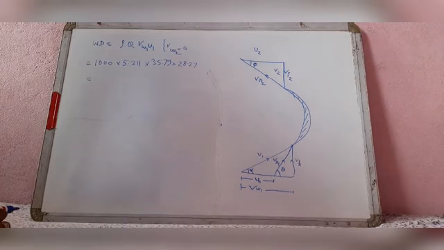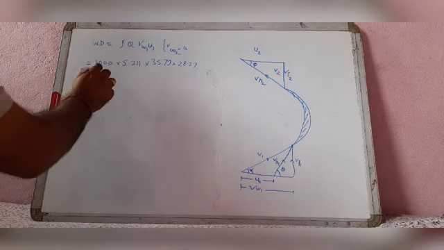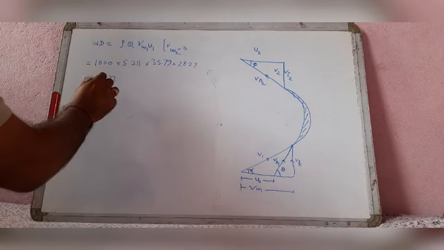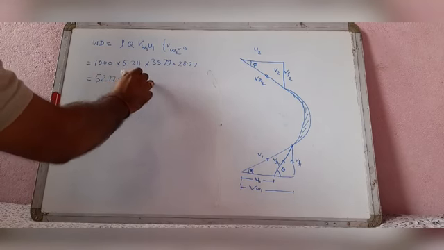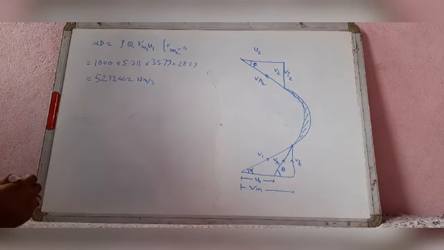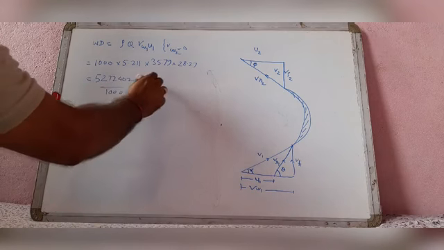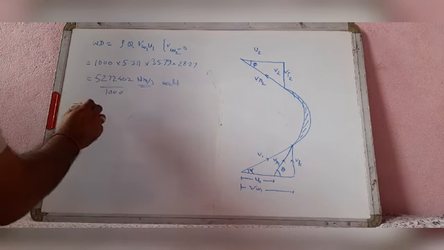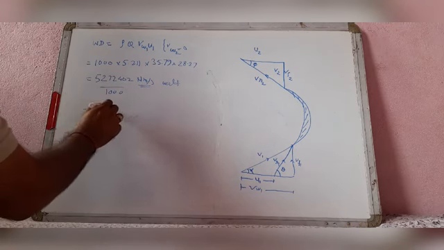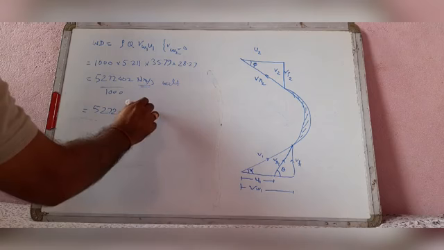So the value of work done is 5272402 Newton meter per second. And for getting the power, if we divide this by 1000, then we can find this 5272.402 kilowatt.